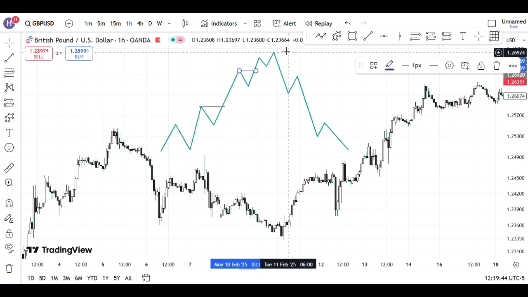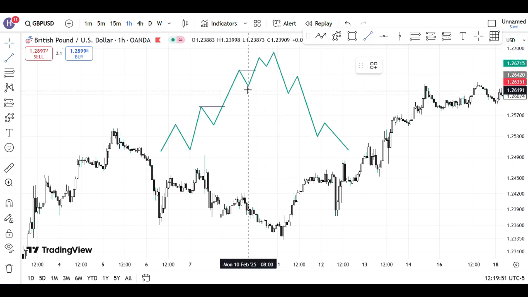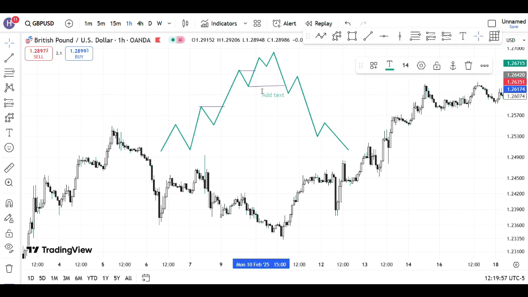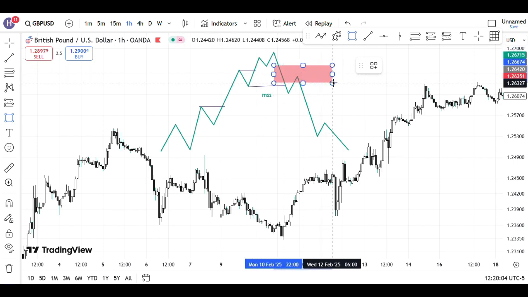This is your break of structure, right? This is also break of structure. This is also break of structure. But see what happened? Price is going down. So from here to here, what is this called? This is called market structure shift, MSS.